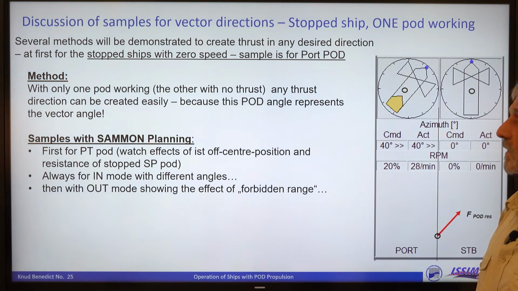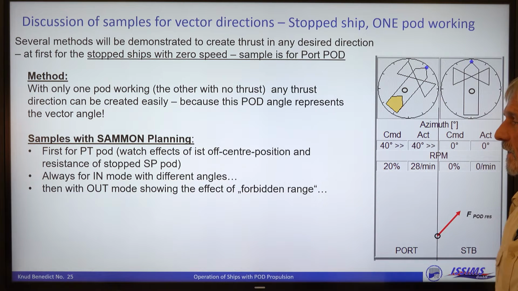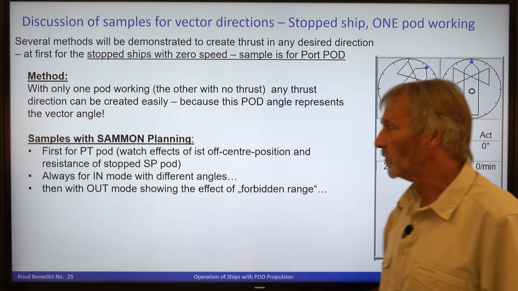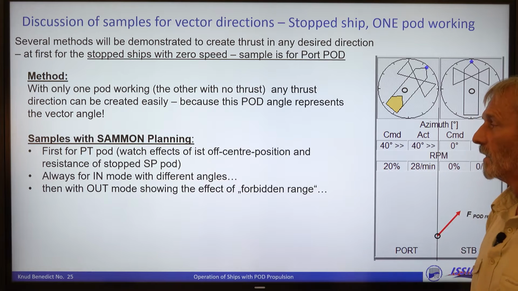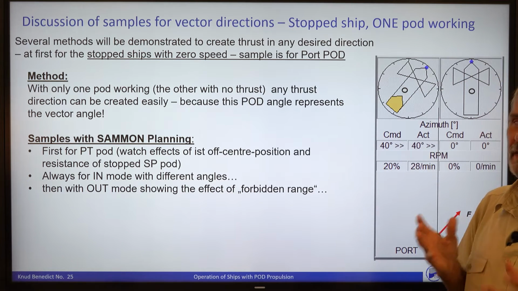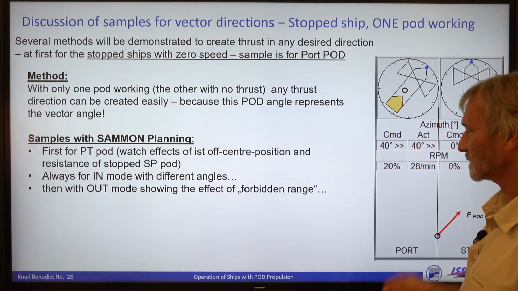First, from only the pod port is working, and we will start with the pod in single mode, so to say, and we will always use the in mode with different angles, and then with the out mode showing the effect of so-called forbidden ranges. If one pod is blowing onto the other, we should not consider this effect.